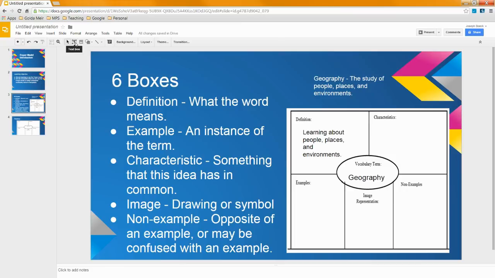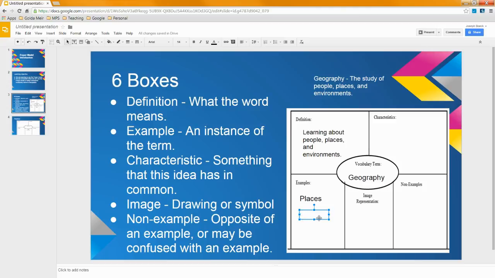Next, I'm going to do example. So when we come up with an example of geography, one example of geography could be places. When we study geography, we study places, would be an example of geography. Another example of geography could be, so again, let's look back to our definition of geography.